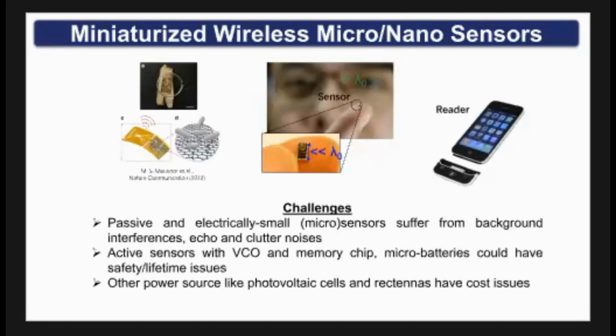So we want to address this problem, and we propose a new technique called harmonic sensor, which I'm going to introduce next. Here is an example: if I have a tiny sensor in the human body for biomedical application, you will see interference because the human body, in this case, is a clutter source.